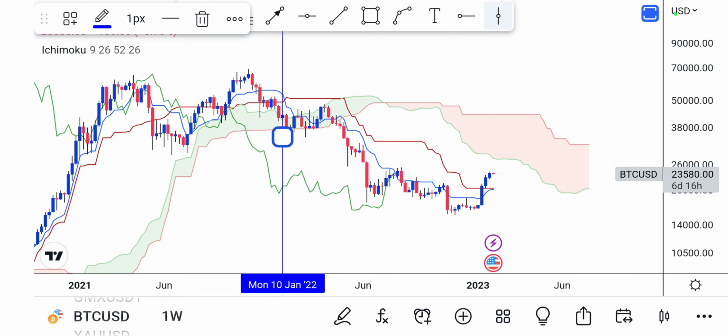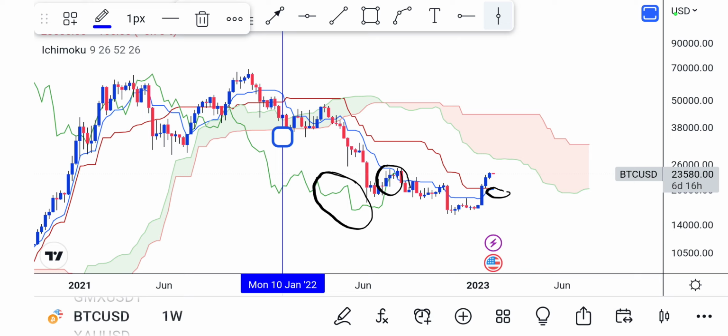Now price is above the Kijun-sen and the Tenkan-sen, and now we're about to get the first bullish TK cross below the cloud. That is our first signal, and the green line is gradually moving above the price. These are the first two signals we want to see.